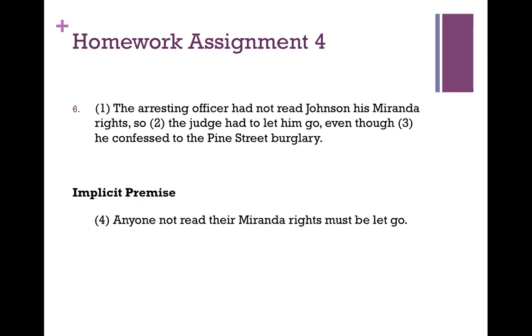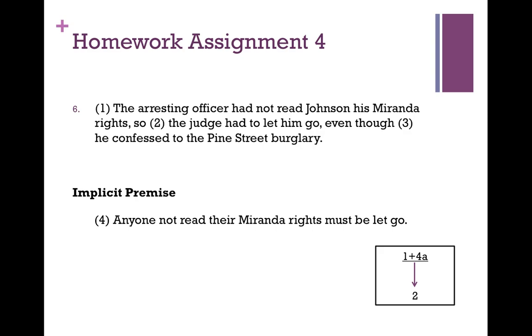So how would we diagram this one? Well, basically like this. And you notice here I omitted 3. He confessed to the Pine Street burglary. That is some unnecessary information. It really doesn't add to the gist of the argument, to the essence of the core argument, which is he wasn't read his Miranda rights. Anyone not read the Miranda rights must be let go, so the judge had to let him go. That's it. To this argument, it's really irrelevant that he confessed to the Pine Street burglary.